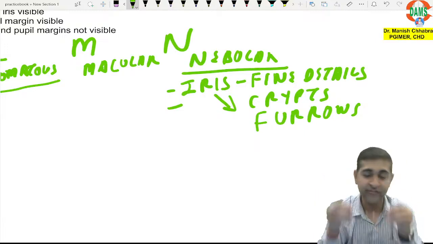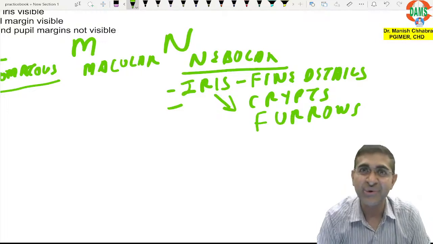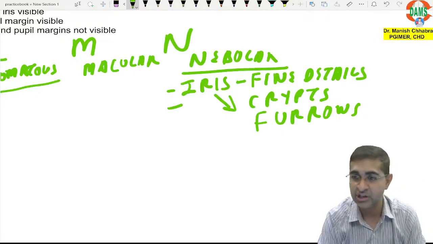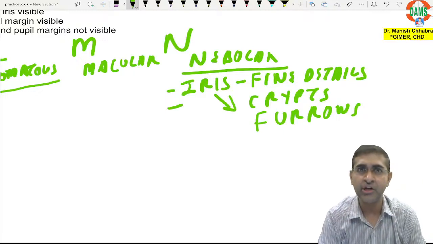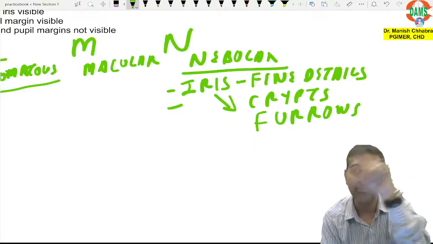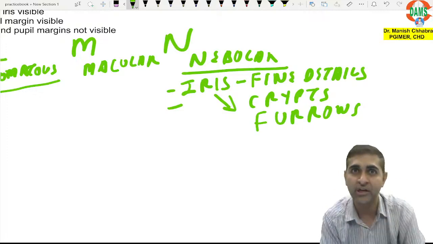If you are a fan of the Tom Cruise movie Mission Impossible, you know in the very beginning there is one message which is displayed. So Mr. Ethan Hunt, should you wish to accept this mission, he presses a button and then a camera pops out, and his iris is scanned.